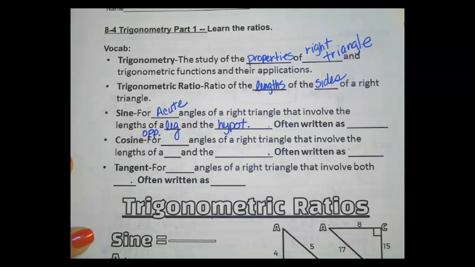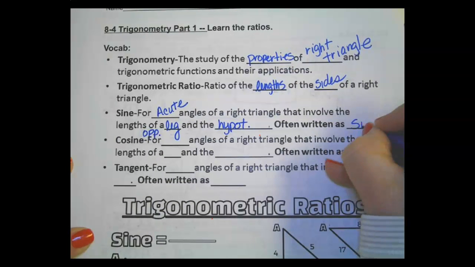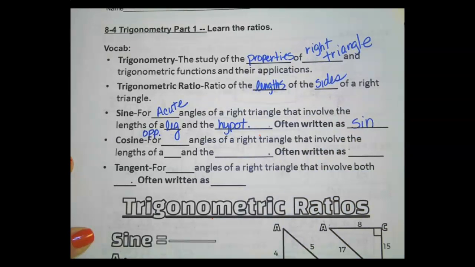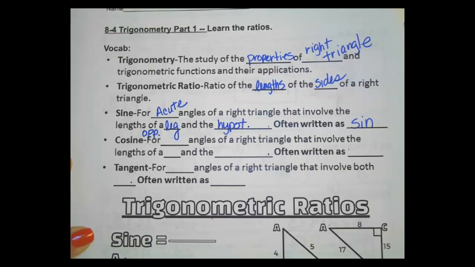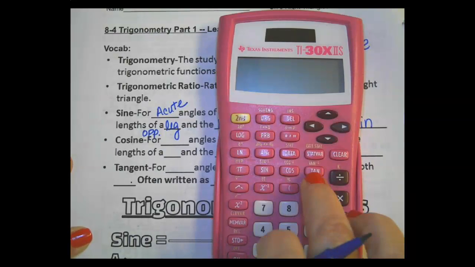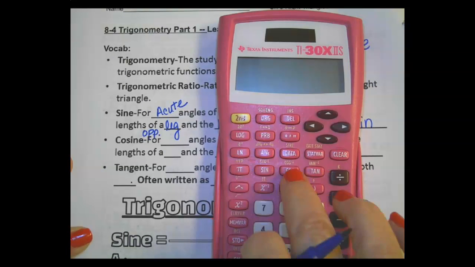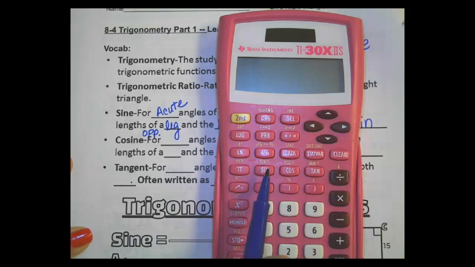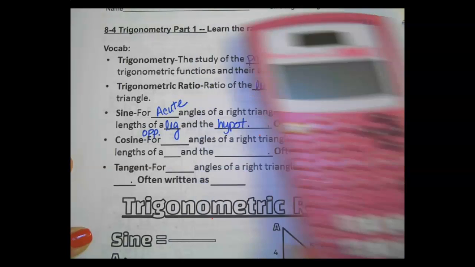It is often written as just the word sine, and it's in your calculator that way. Might want to dig out those calculators. Here they are on our calculators, and these up here, in yellow, are the inverse properties.